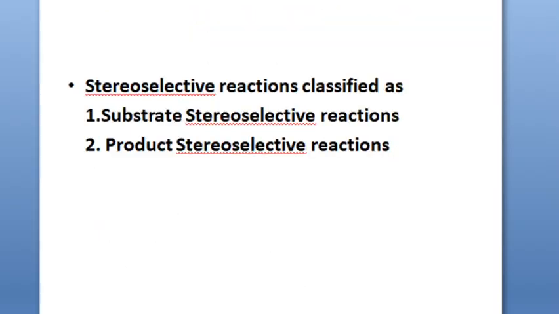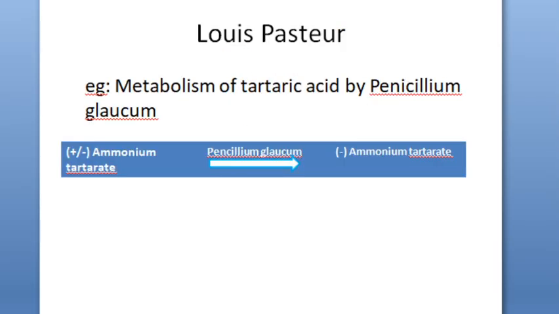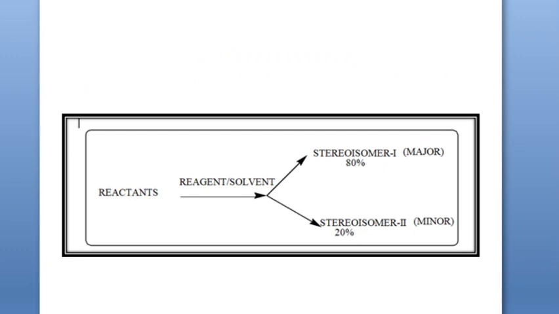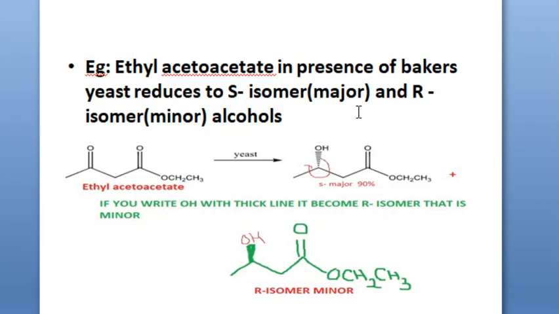Let us see one more example with respect to product stereoselectivity. Ethyl acetoacetate in the presence of Baker's yeast reduces to the S isomer as major and the R isomer alcohol as minor. The RS nomenclature we have learnt in the previous class.